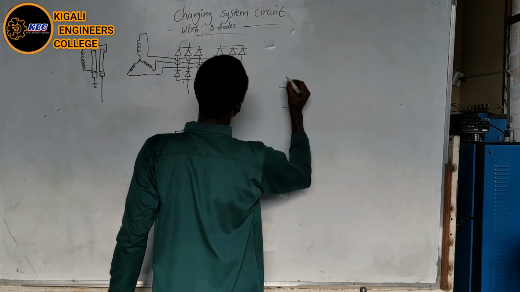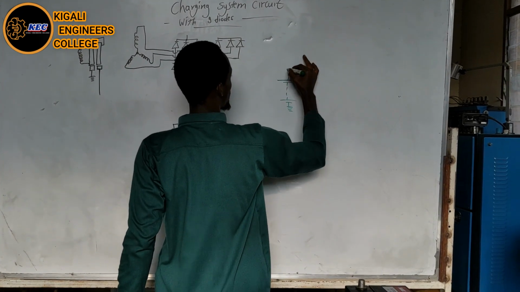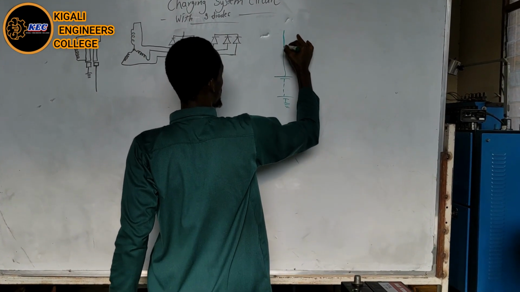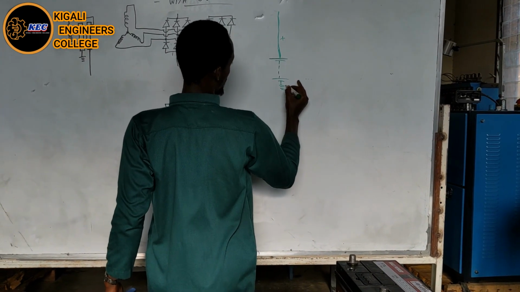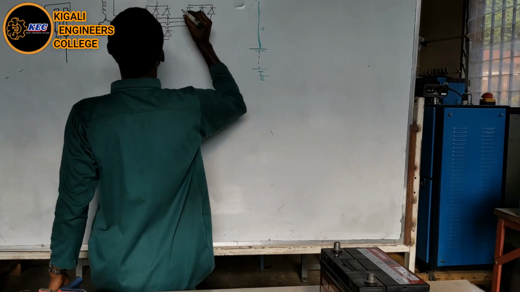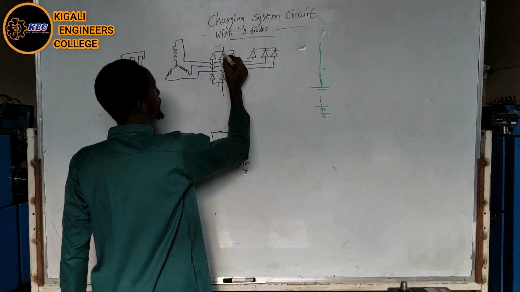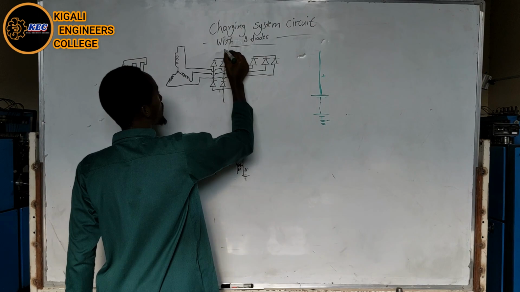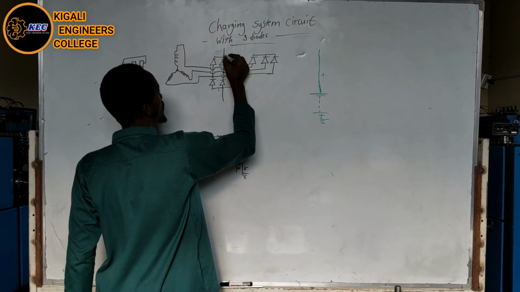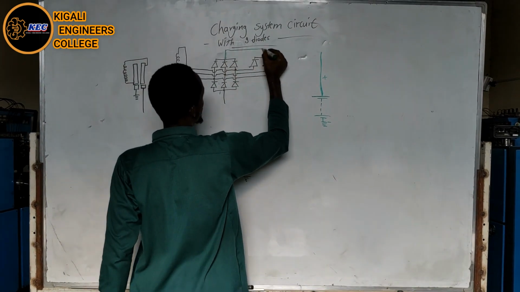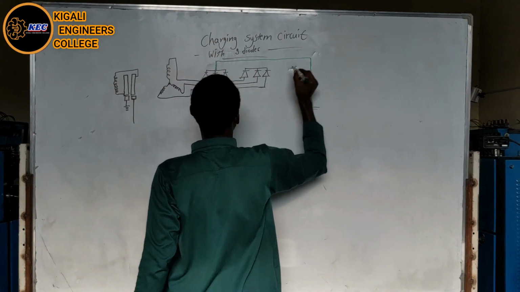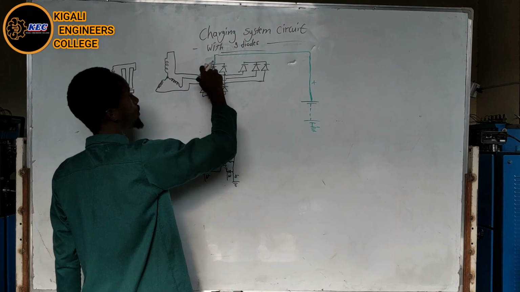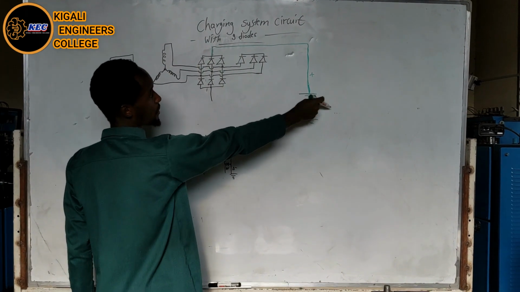This is ground, and also out. This is positive, negative. So here we have the power diode, which will take the cable going to the battery directly. It is where the output voltage goes to charge the battery.